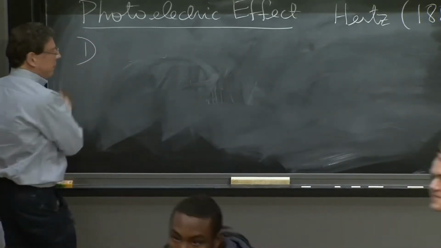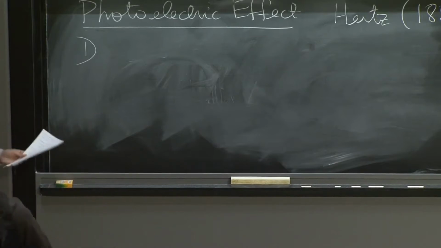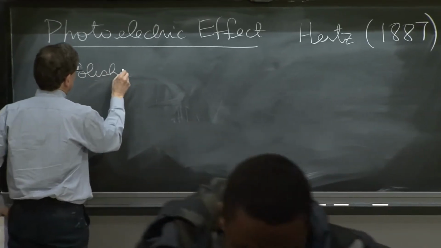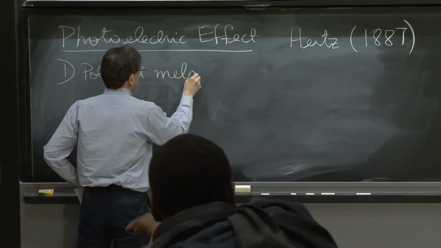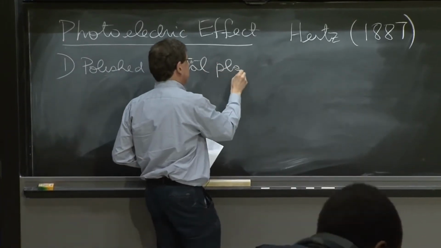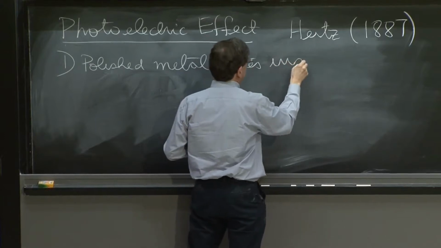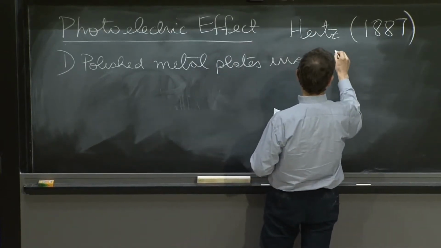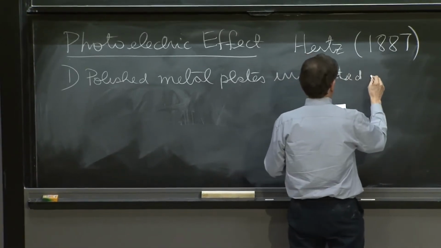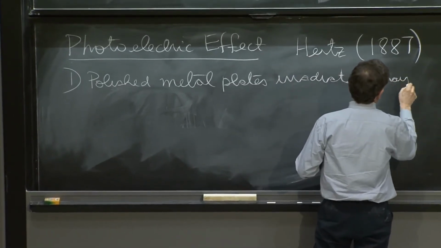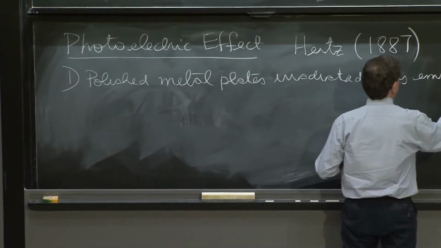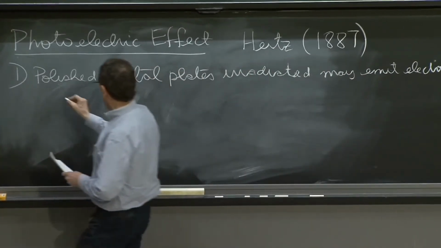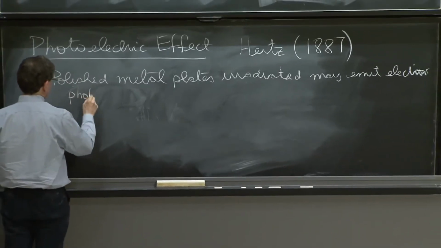So first the description. Polished metal plates, irradiated, may emit electrons, and these are called photoelectrons sometimes.